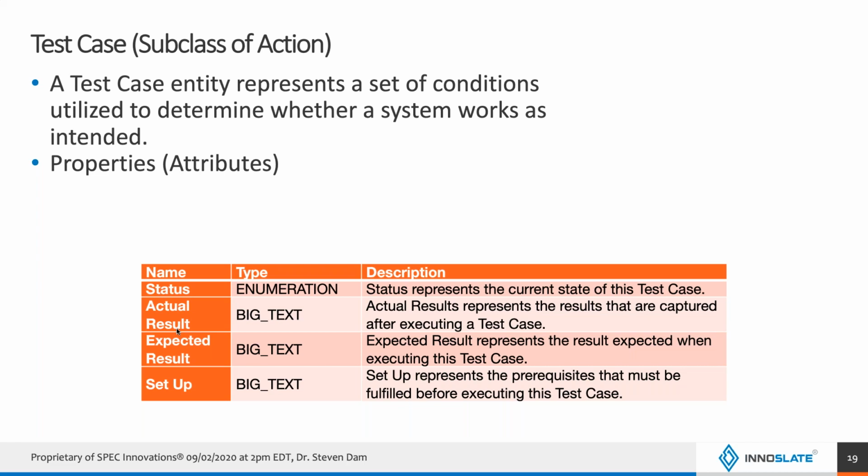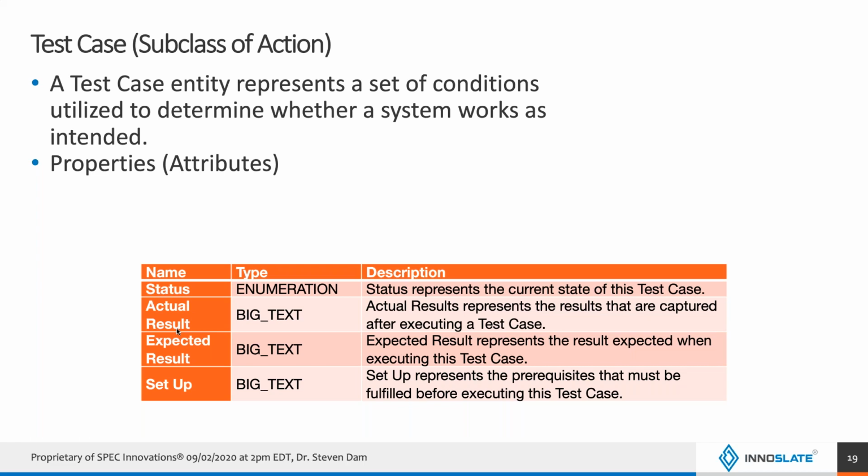That's an enumeration that takes us through different states of the test case, and feel free to adjust those as you need to, by the way. If it isn't capturing all the states you want, fine, add to them. And those can then also be dealt with in workflow in Innoslate. So you can use that to help track your progress.